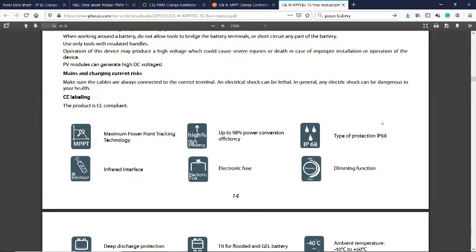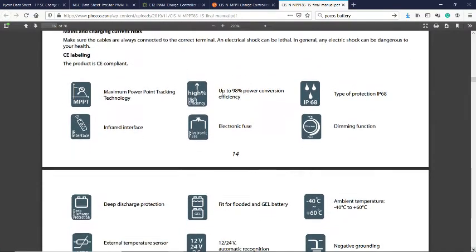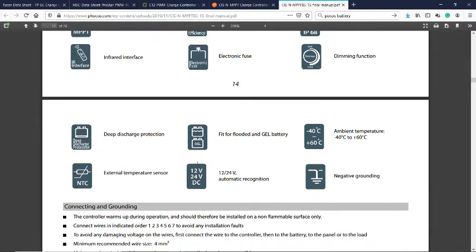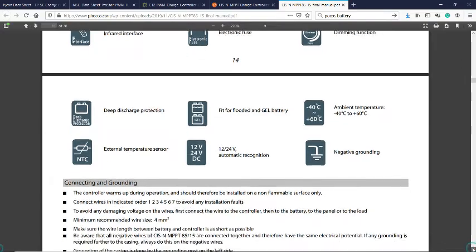So this one can type protection can be outdoor, IP68, dimming function. So the efficiency up to 98% with the MPPT technology. So the ambient temperature, the DOD, discharge protection.